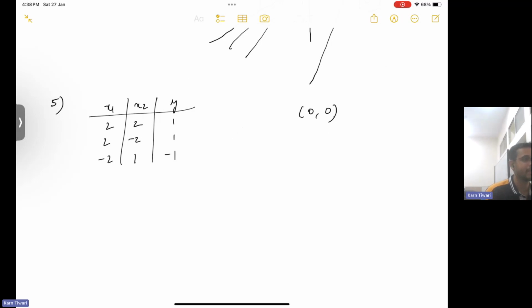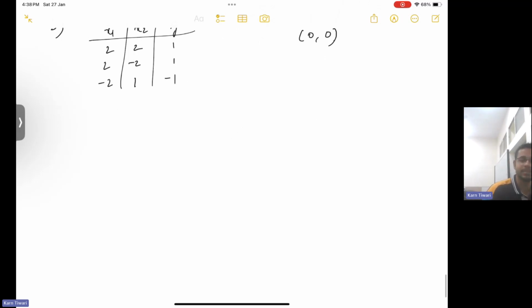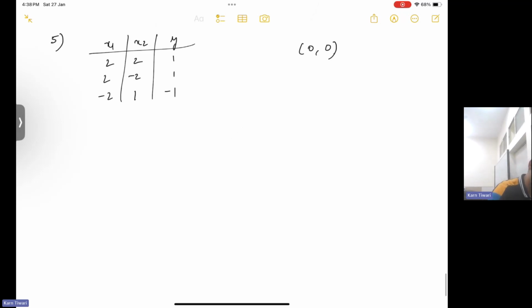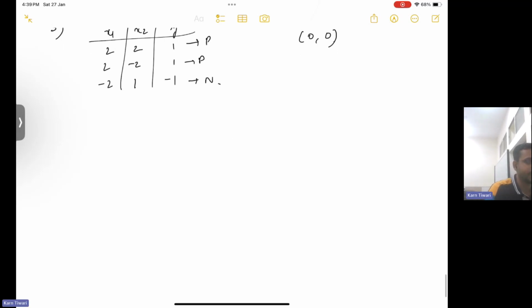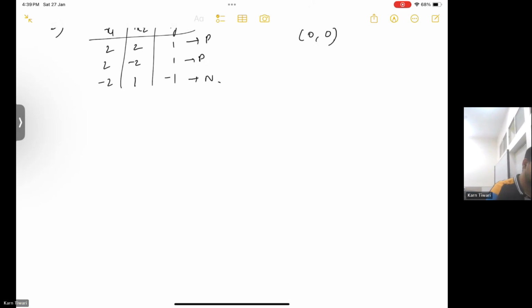The perceptron learning algorithm is simple. These 2 points are positive, and this is negative. The weight is 0, 0. Basically, we randomly pick one of the points. I'll call them P1, P2, P3.